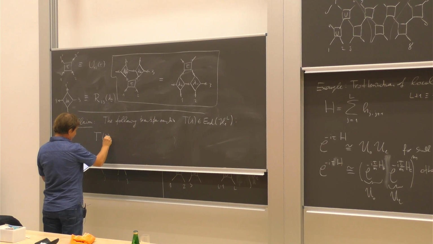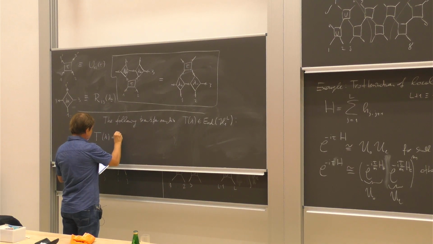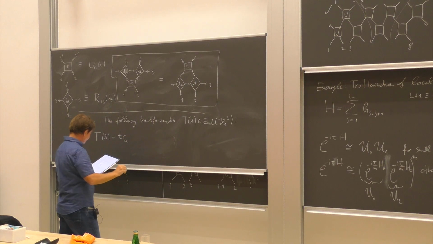Again, bear with me for a second. I'll sketch you a diagram for that, which is much easier to swallow. But now I'll write it as a trace over A.